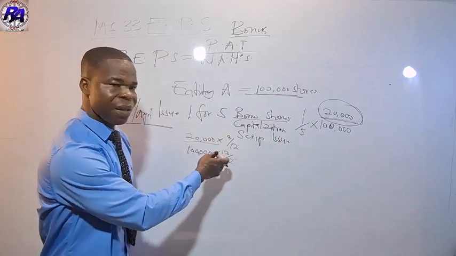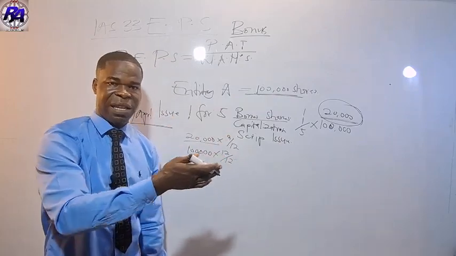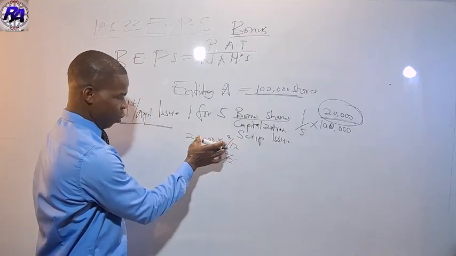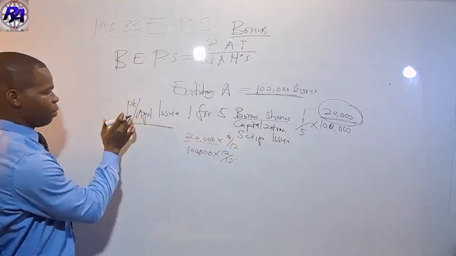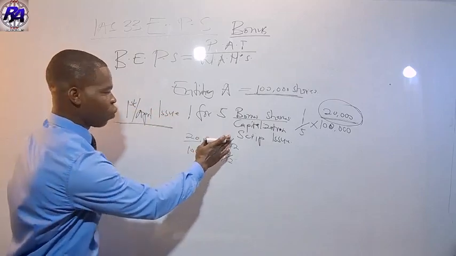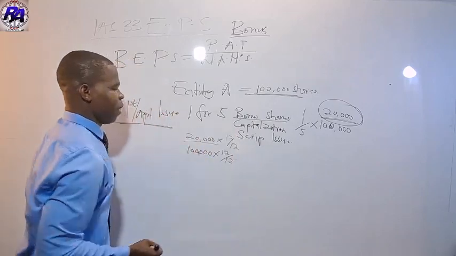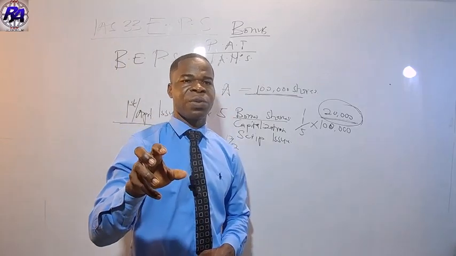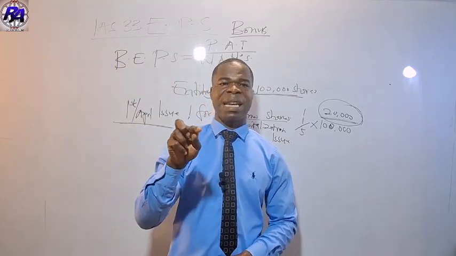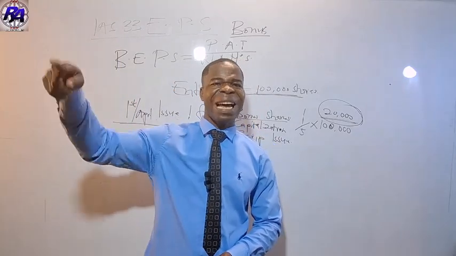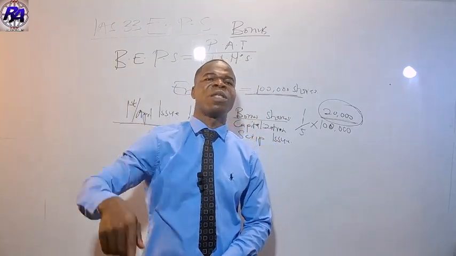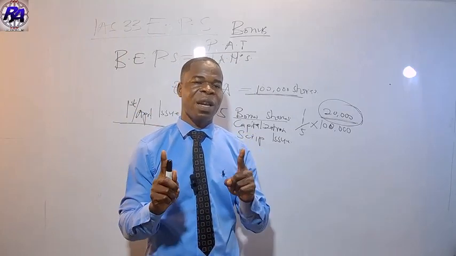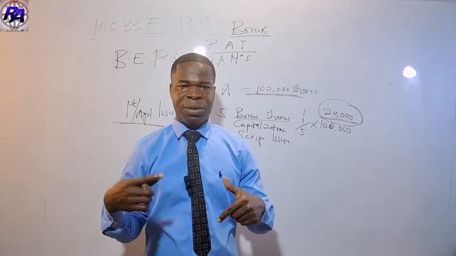So if you do the time apportionment for a question that contains only a bonus issue, you are wrong. Although it is issued on 1st April during the year, it will also take 12 over 12. So all bonus issues are deemed to be issued at the earliest of the reporting period of the entity. Kindly take note of that. Please, this is when it is only a bonus issue.